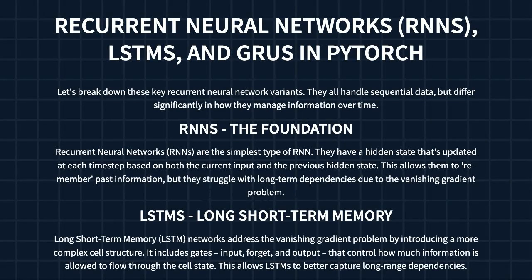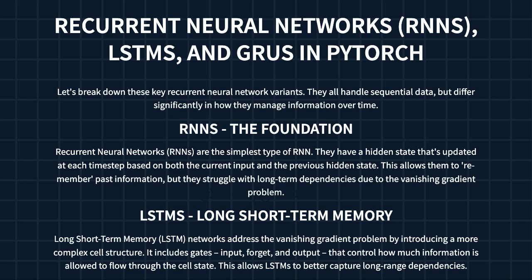Okay, let's talk about RNNs and their siblings, LSTMs and GRUs. At the core are recurrent neural networks, which are designed to handle data that has a sequence, like sentences or time series. They work by remembering information from previous steps. However, vanilla RNNs struggle with really long sequences because they can forget earlier parts of the sequence. LSTMs were developed to fix this. They introduce these clever gates: input, forget, and output, that let them selectively remember and discard information as needed.